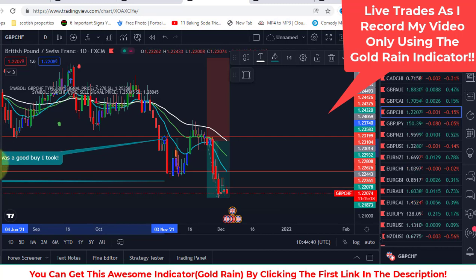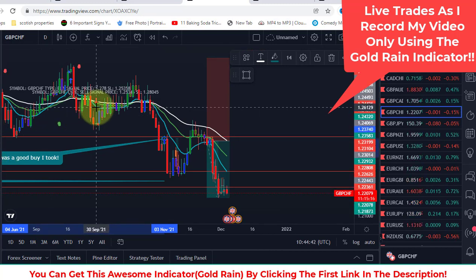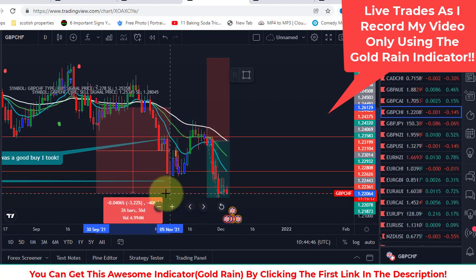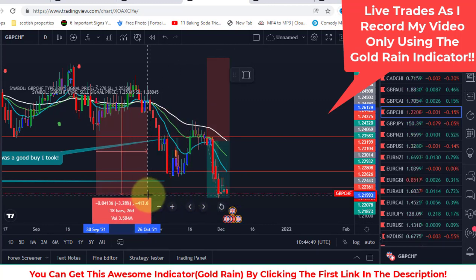If I was going to go short here, how many pips could I catch? 400 pips on Great British Pound. This is again for swing trading, guys. 417 pips on Great British Pound CHF.